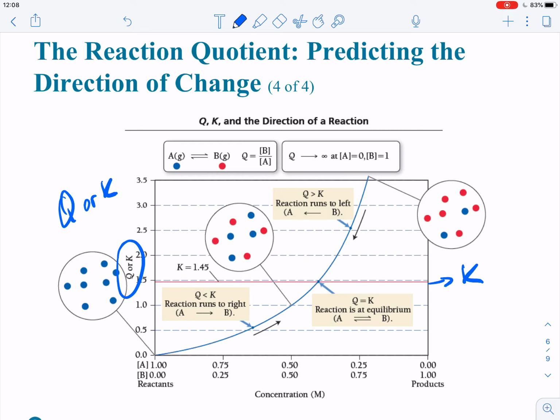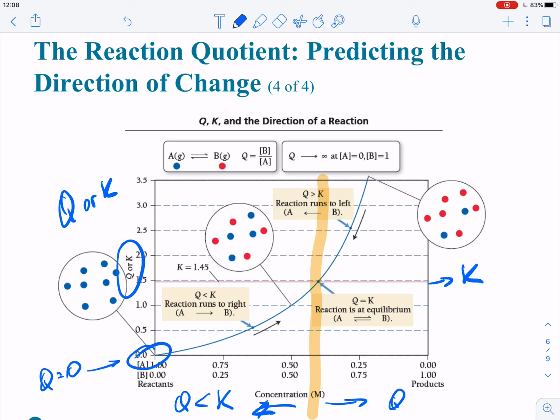And here are your cases. So this is Q equals 0. And let's divide this. We are right here. On this side, Q is less than K, and on this side, Q is more than K.